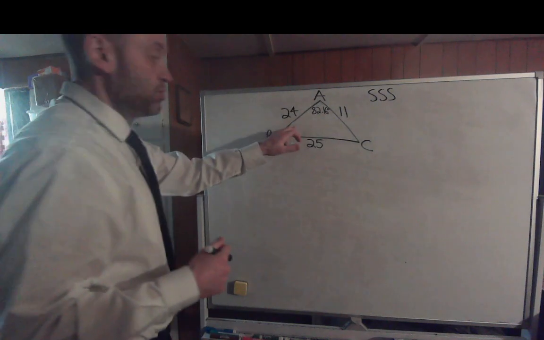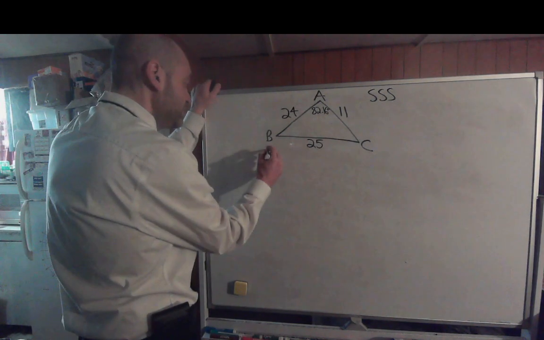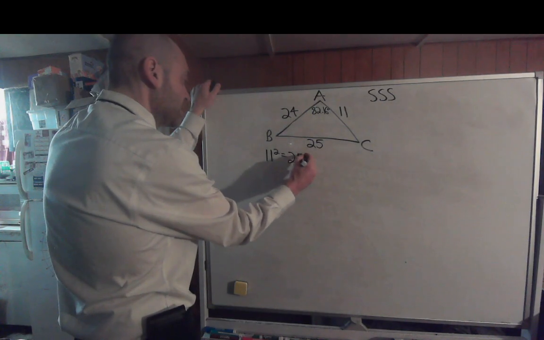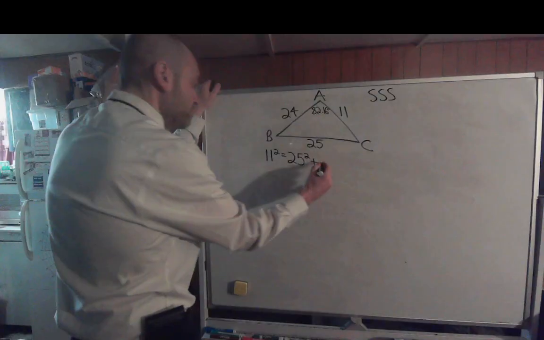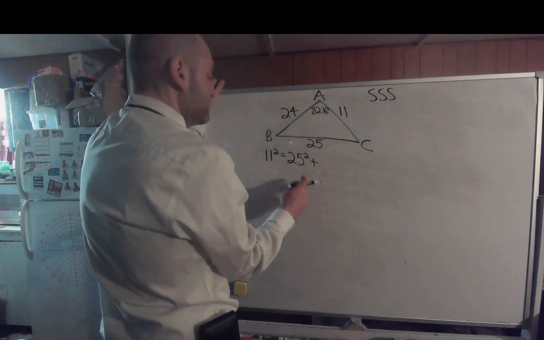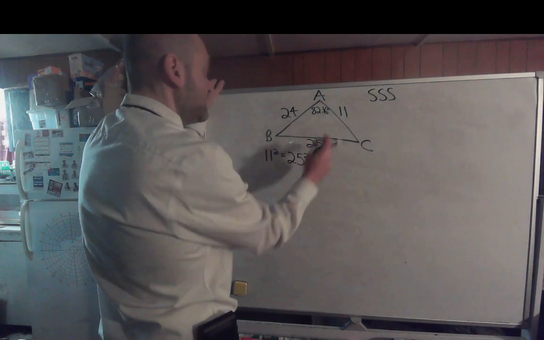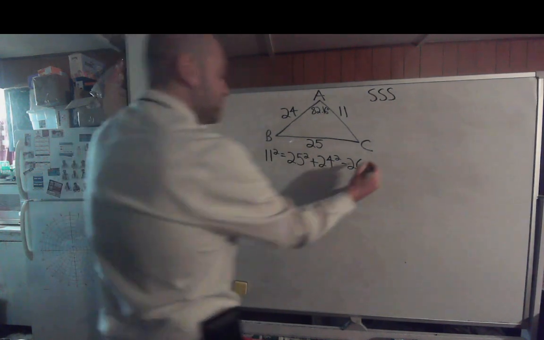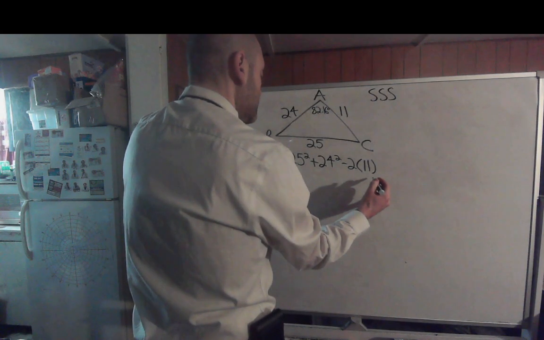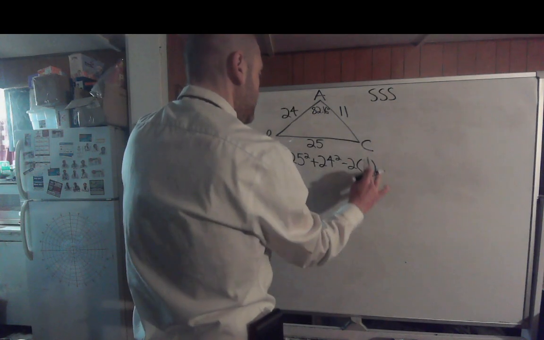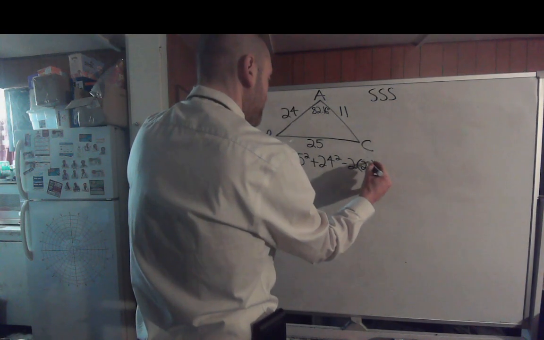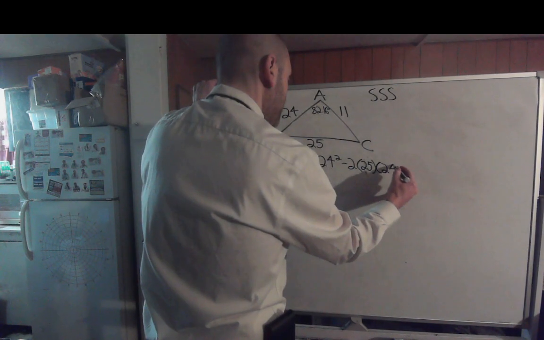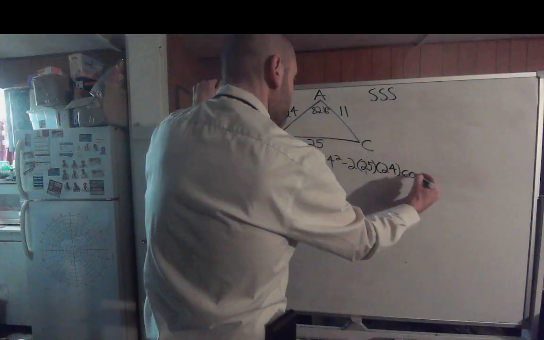But we want to find angle B, so that means we need to set up our side of B squared, which is 11 squared, equals my A squared of 25 squared, plus my C squared, which would be 24 squared, minus 2 times my B of 11 times my A of 25 times my C of 24 times the cosine of B.